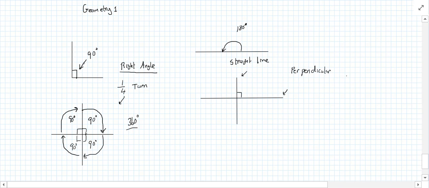They're perpendicular lines. So these two lines are perpendicular, and these two lines here are also perpendicular to each other. So they form a right angle here. And again, remember, this is 90 degrees.